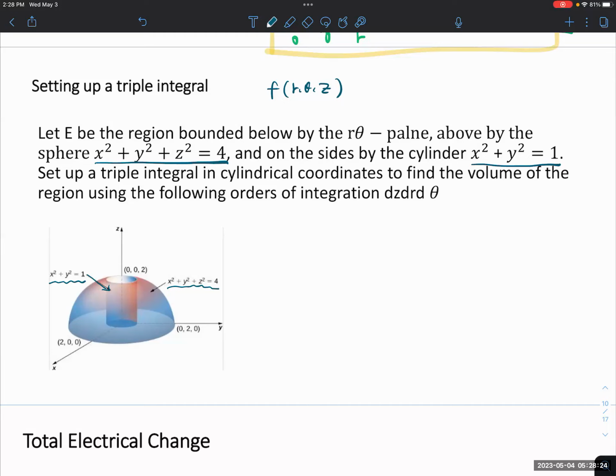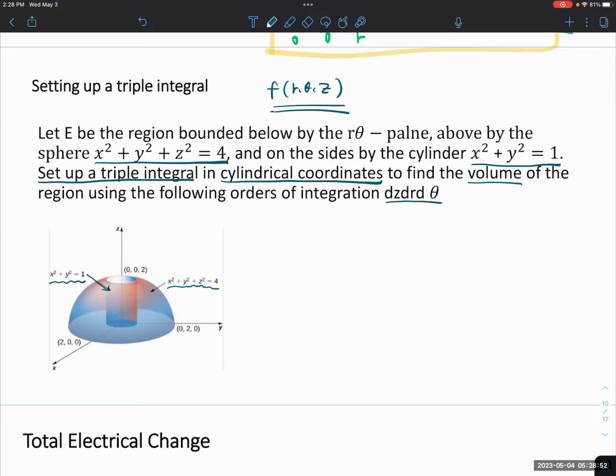So here, we are going to set up the triple integral in terms of the cylindrical coordinate system to find the volume of the region using the following order: dz, dr, d theta. So we're going to use that order. Okay, step by step. What can we do first? Your goal is changing xyz into r theta z, right?